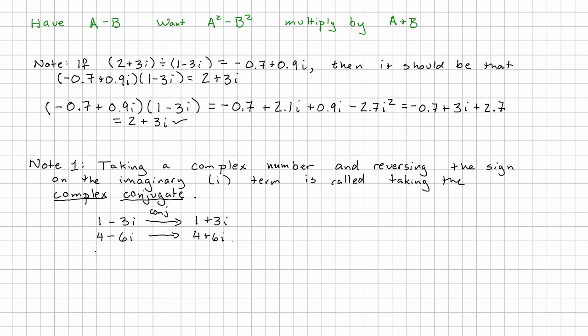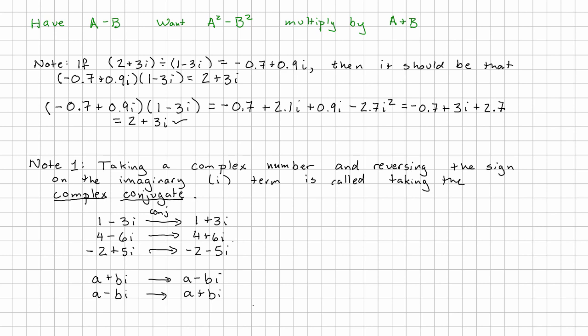The conjugate of negative 2 plus 5i would be negative 2 minus 5i. In general, if we have a plus bi, its conjugate is a minus bi. If we have a minus bi, its conjugate is a plus bi. This comes up a lot.